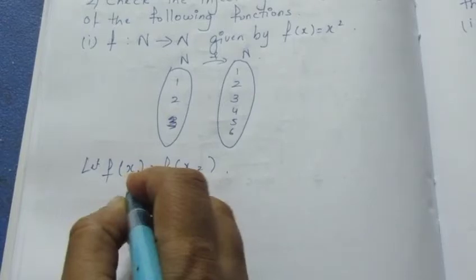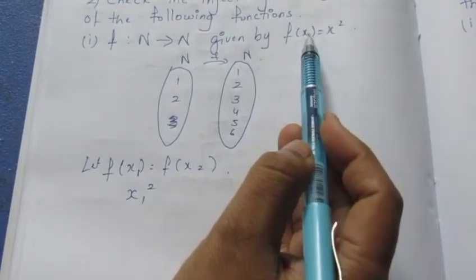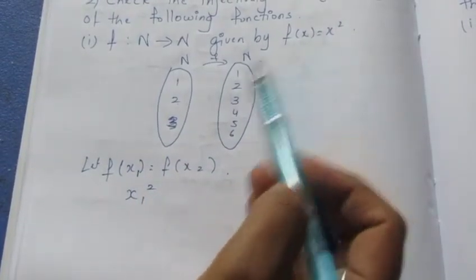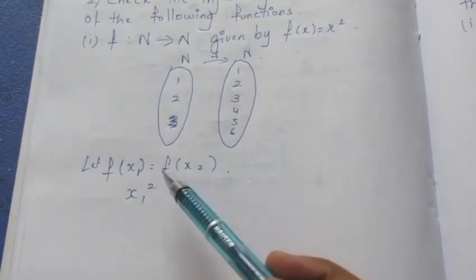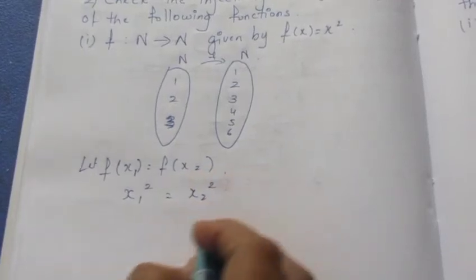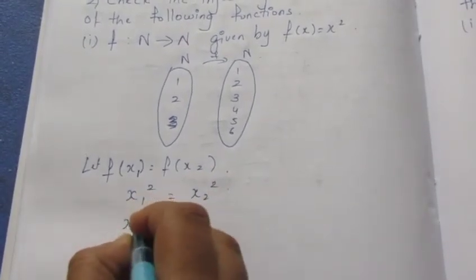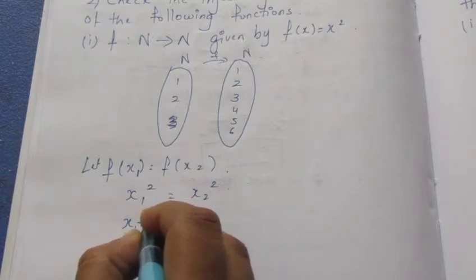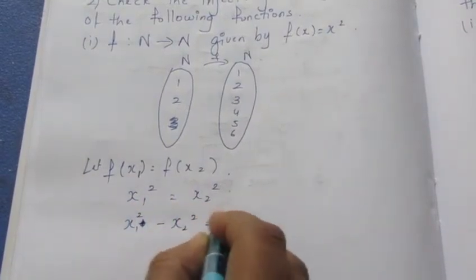Here we know that f of x is equal to x square. Substituting x1 in the condition, f of x1 is equal to x1 square, and this is equal to x2 square. Now bringing to one side, it becomes x1 square minus x2 square is equal to 0.